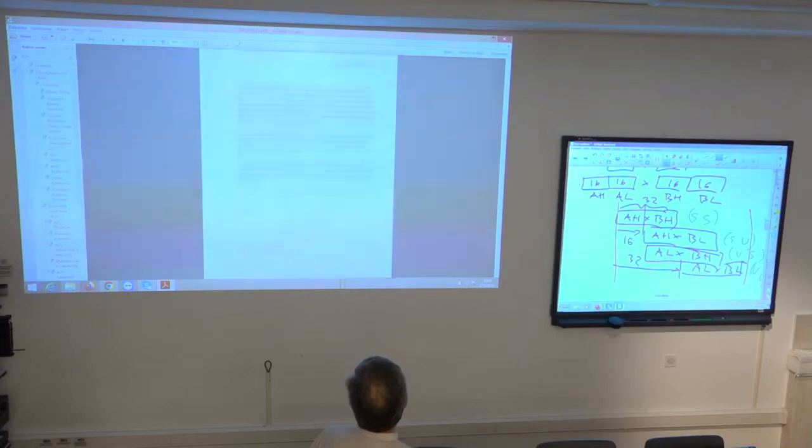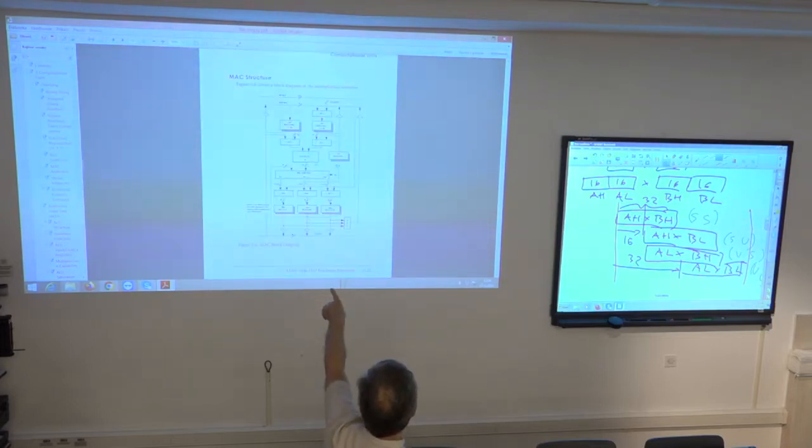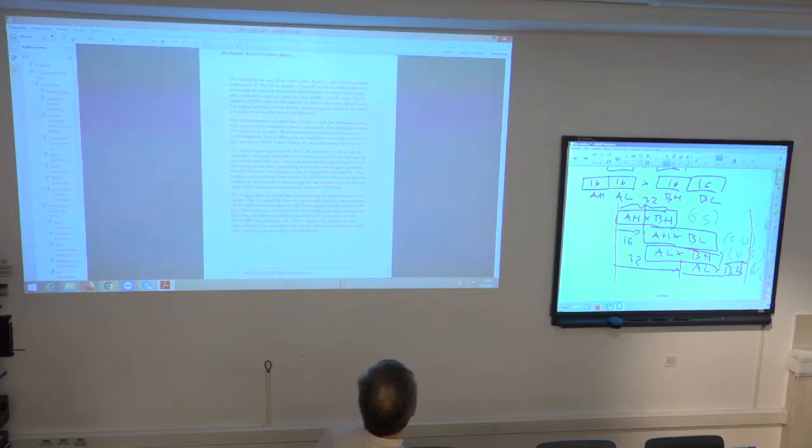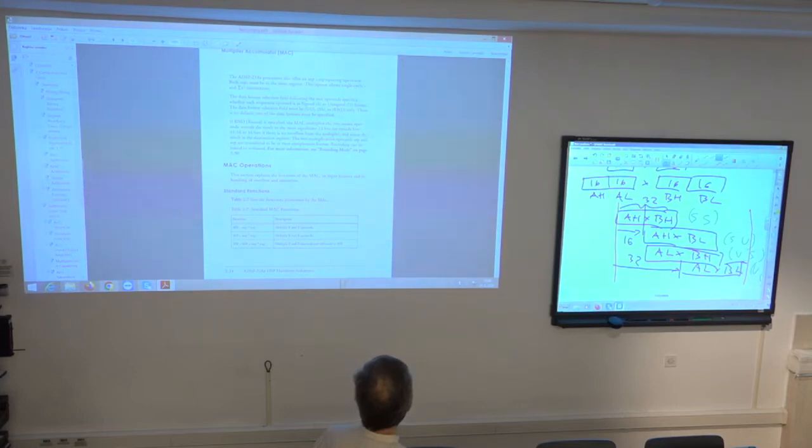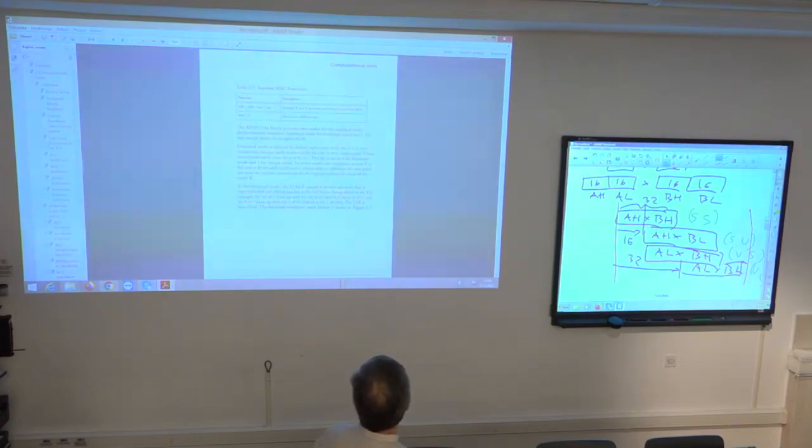Okay, and then it goes to the MAC, to the multiply accumulate structure description. All of the operations supported, so either only multiplication, or multiplication with addition, with accumulation, or with subtraction. And the final instruction is to set the whole MR to 0, all 40 bits.